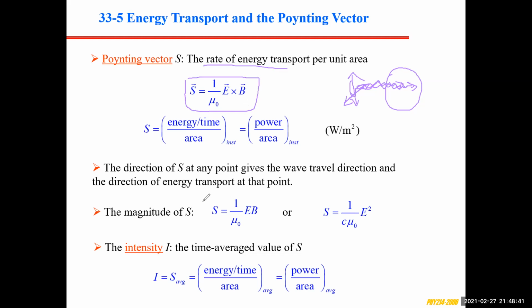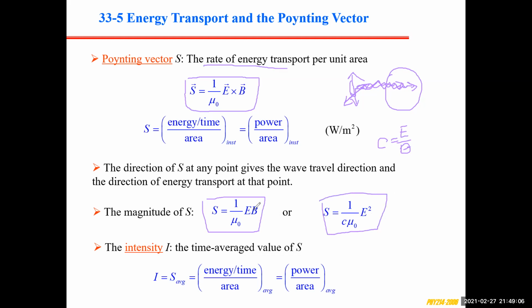So the magnitude of S is 1 over mu naught times E times B. And we know that the ratio c is equal to E over B, so if you replace B by E over c, this gives you another expression, which is 1 over c mu naught times E squared.